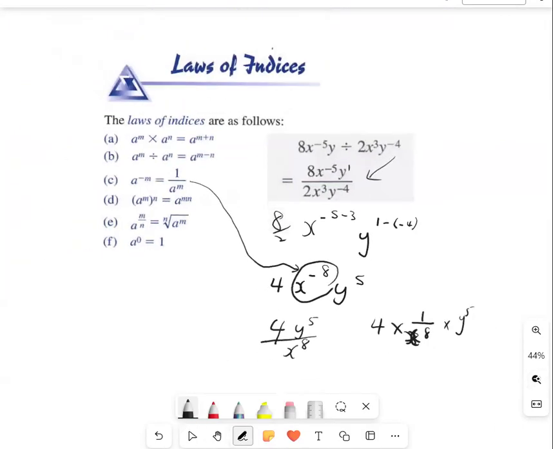So what I'm going to do, I'm going to put this 4 and y to the 5th power on top, 4y to the 5th power. At the bottom, put x to the 8th.